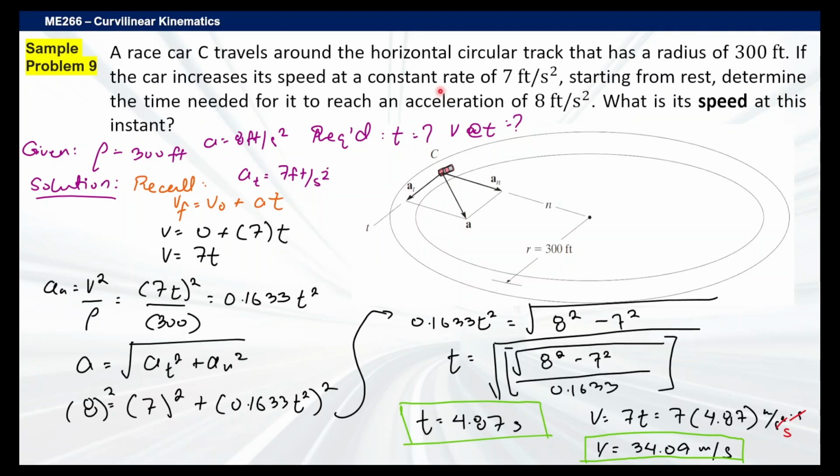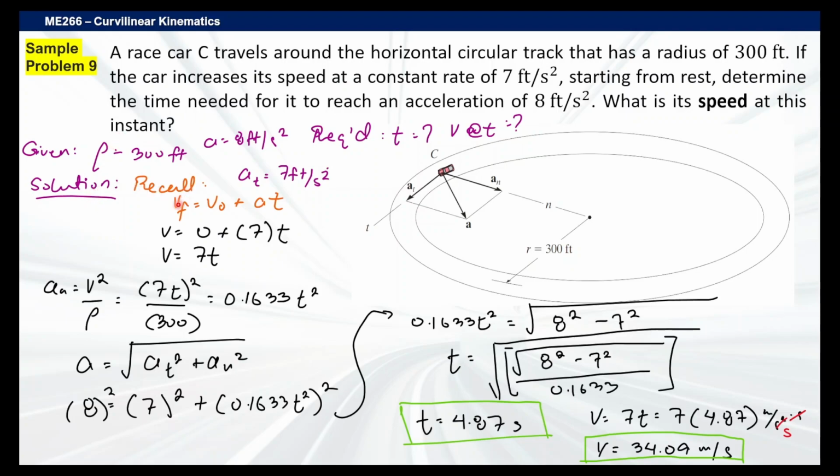Keyword being constant rate. We are required to determine the time to go from 7 to 8 feet per second squared, and the speed at that time, since we're not referring to direction.